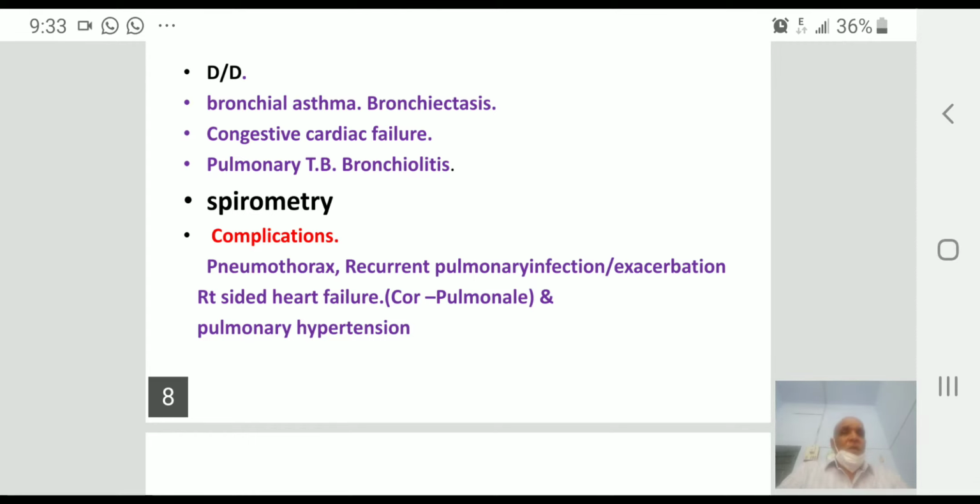This is called cor pulmonale: right-sided heart dilatation or hypertrophy secondary to lung pathology, but not due to a left-sided heart lesion, and develops PH. So the complications of COPD are pneumothorax, exacerbation, cor pulmonale and PH.